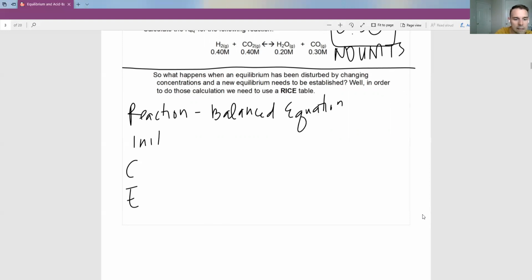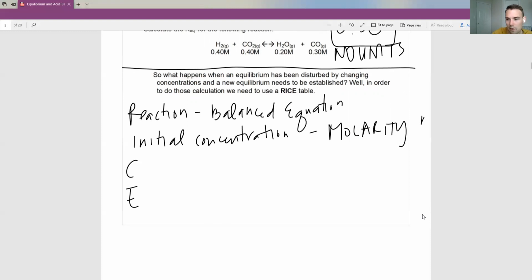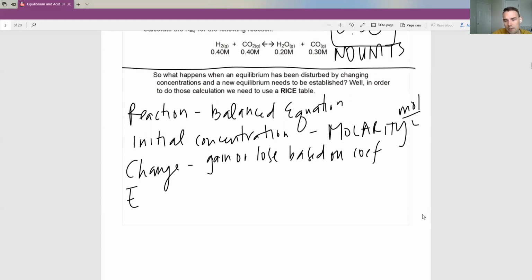The I is the initial concentration, which means you must have molarity, which we know is moles. Whoops, I ran out of space. Moles over liters. C is the change. So you either gain or lose based on the coefficients.